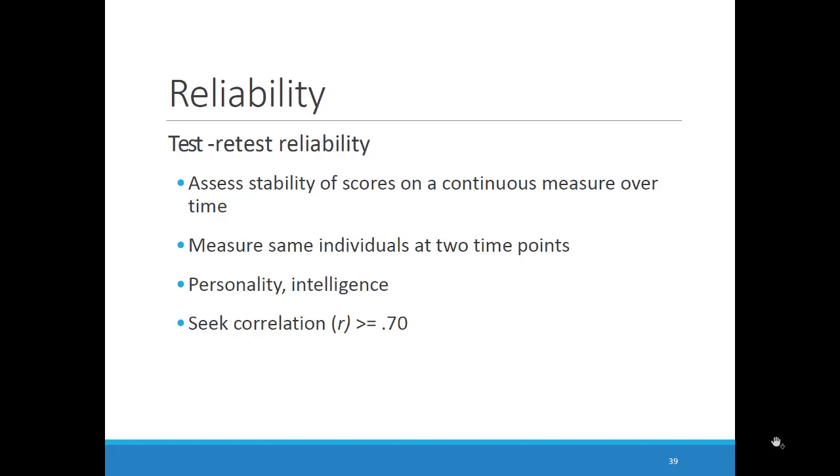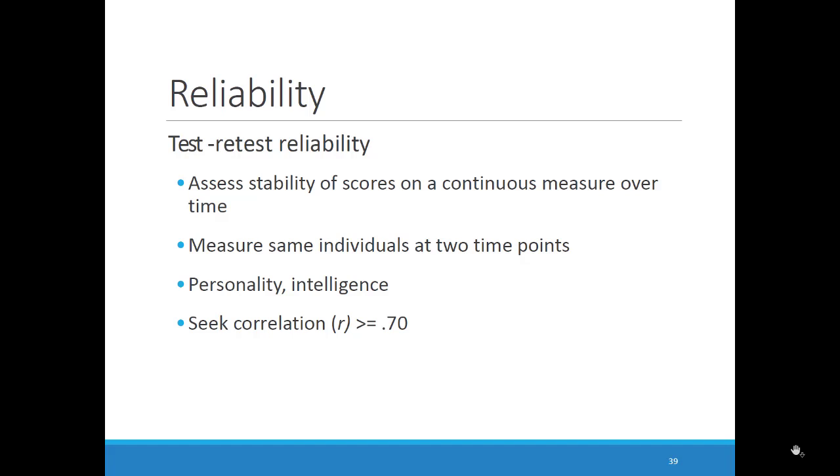Your personality can change slightly over time. Your intelligence can also change slightly over time. But it takes a long time for those things to change, and they generally don't change from minute to minute. So we would seek to determine retest reliability to make sure that scores are stable over time.